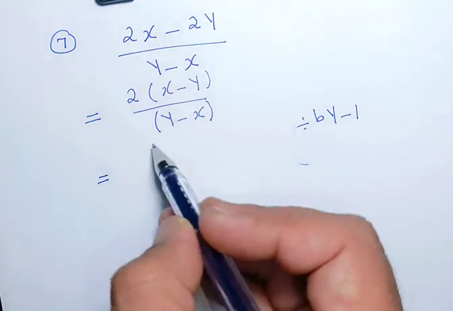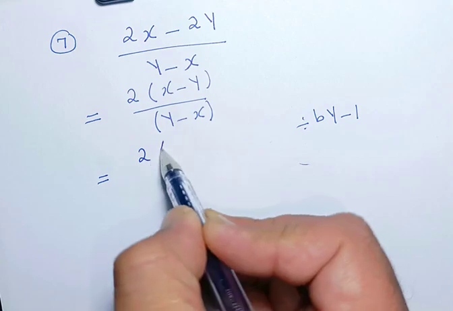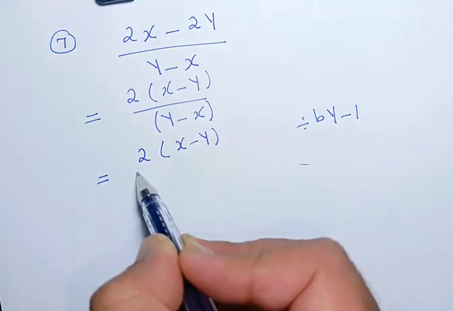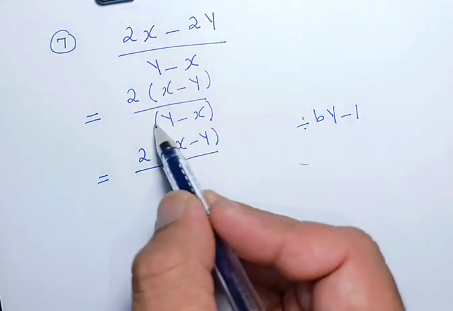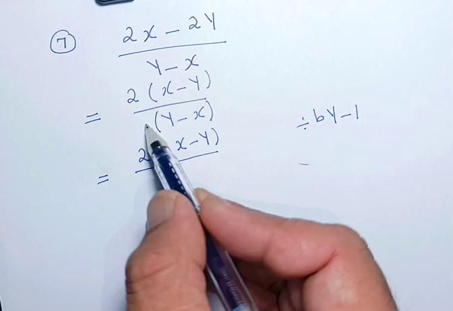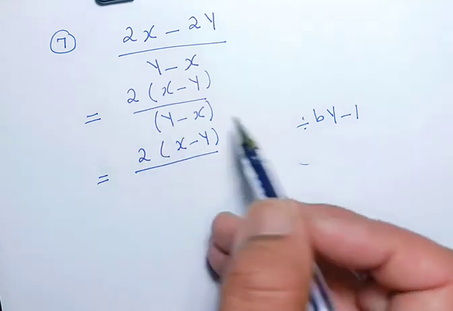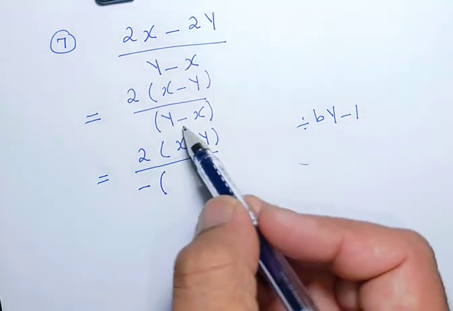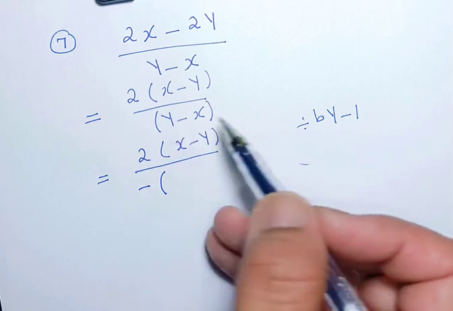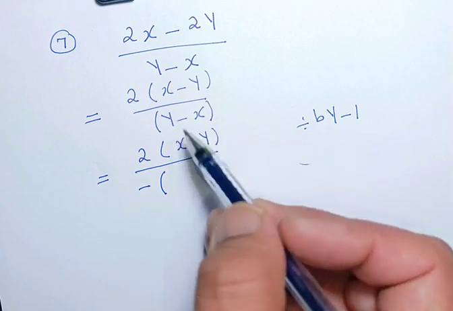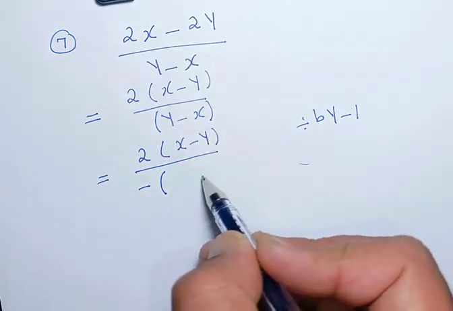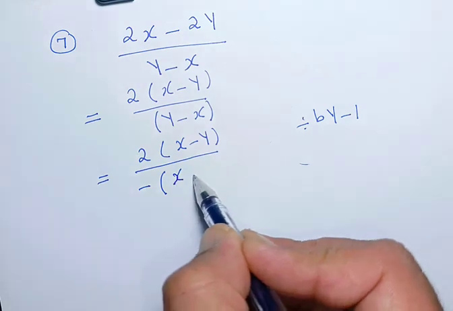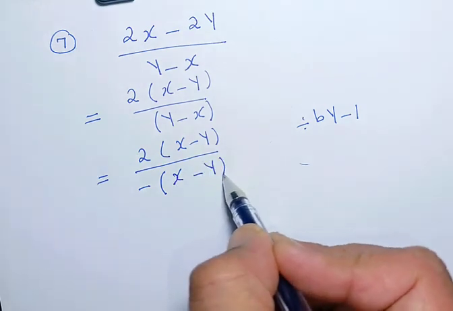So what will happen? 2 I'm going to leave as is, x negative y also as is, but now divide by negative 1, here is a positive 1. When you divide by negative 1 it becomes negative, and inside now you divide by negative 1: y is positive, it becomes negative, and x is negative, it becomes positive. So it's going to be x negative y.